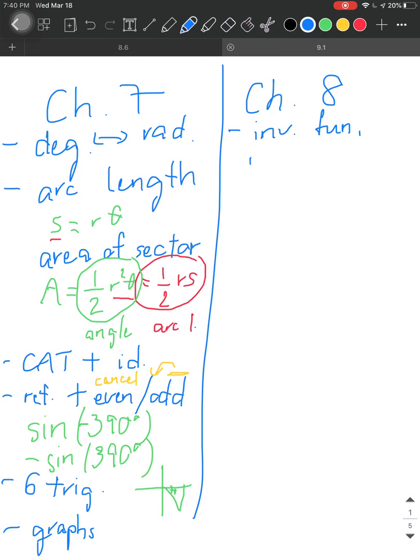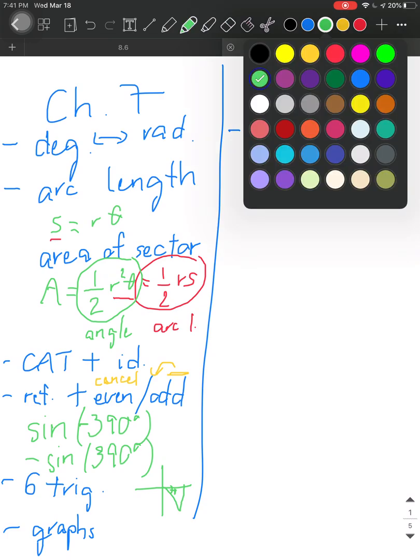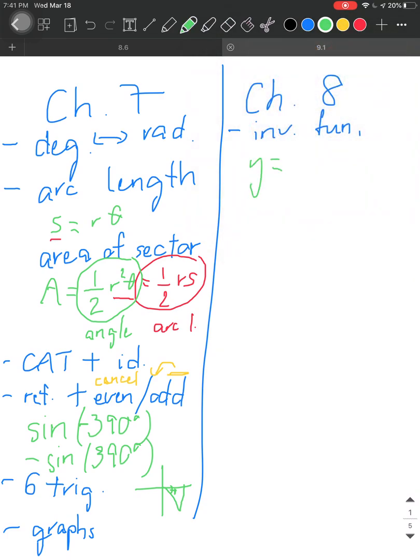For example, if I give you something like y equals sin(x + 2) - 1, you have to do a lot of algebra to solve for x, and at the end you have to interchange x and y and then replace y with f⁻¹(x), which is f inverse of x, the inverse function of f. Okay, so make sure you can do it and remember how to do it.